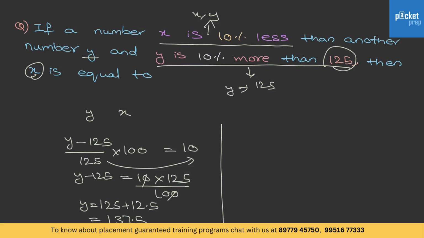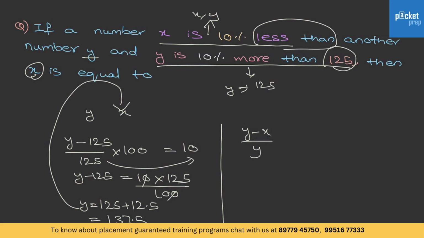As we know y, we can easily find x. So what is the relation given? x is 10% less than another number y. So it's (y minus x) by y, as it is being compared with y, into 100 is equal to 10.